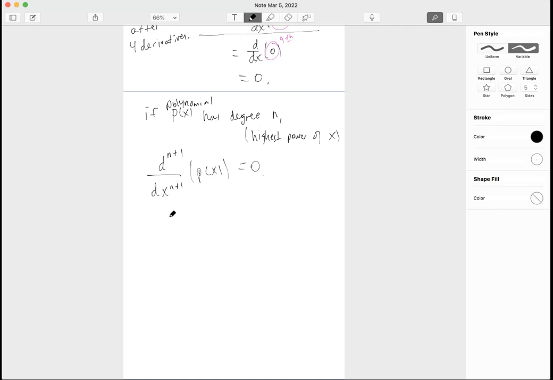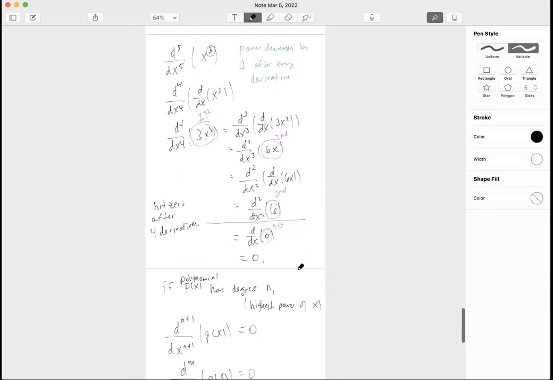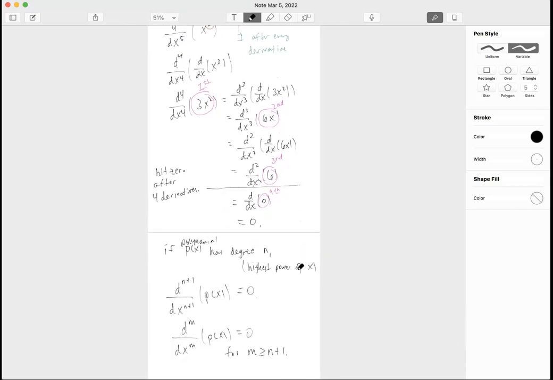In fact, all higher numbers of derivatives will always give you 0. So for m greater than or equal to n plus 1. And again, we haven't really talked about higher derivatives, but it's not really too different than derivatives. You're just taking the derivative a couple times.